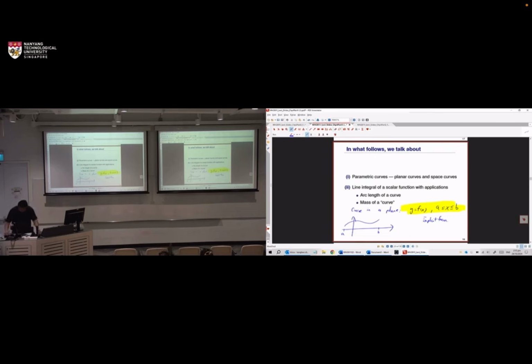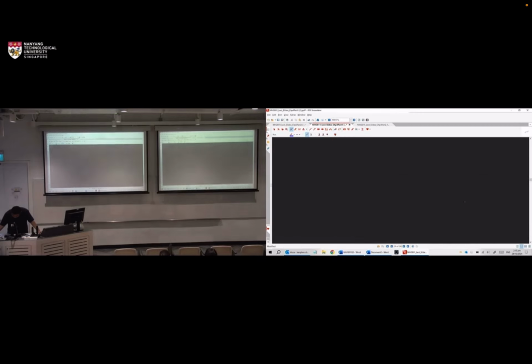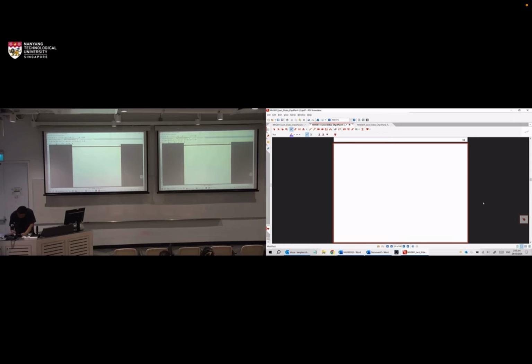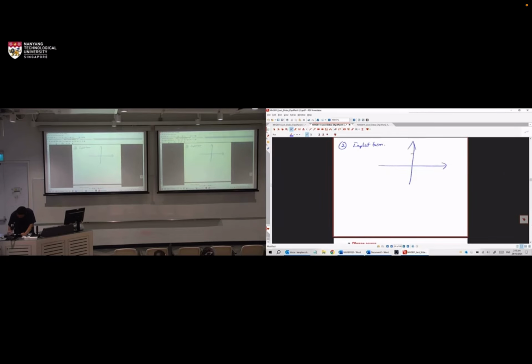Now I want to mention the implicit form. Imagine I have this case, with r equal to 1 and this t.